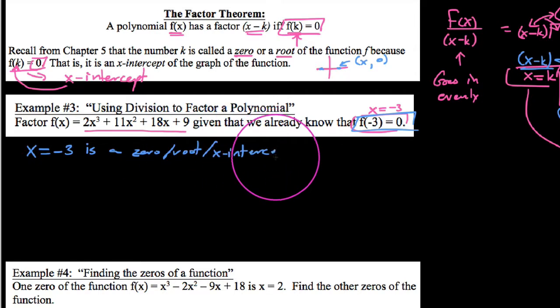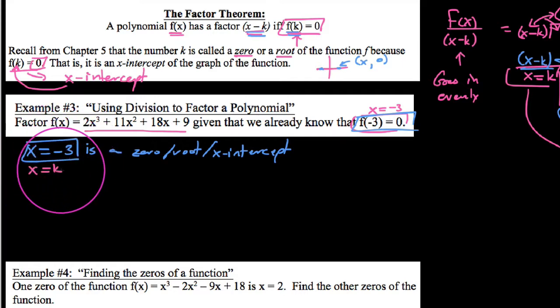So here's how we're going to use this information. The factor theorem up top basically says if x minus k is a factor, then k is a 0, and if k is a 0, then x minus k is a factor. So if x equals this thing, then this is like our x equals k, and k and negative 3 are the same.